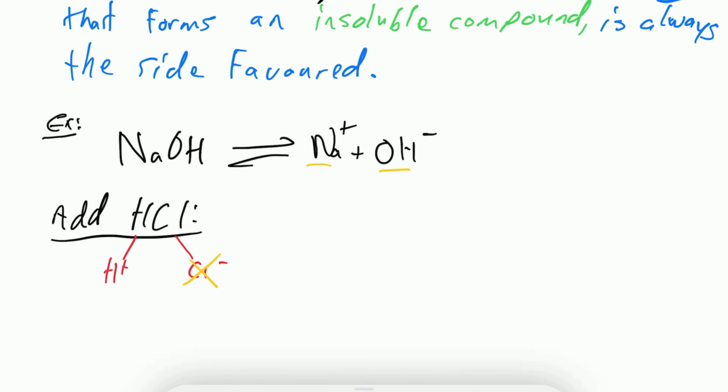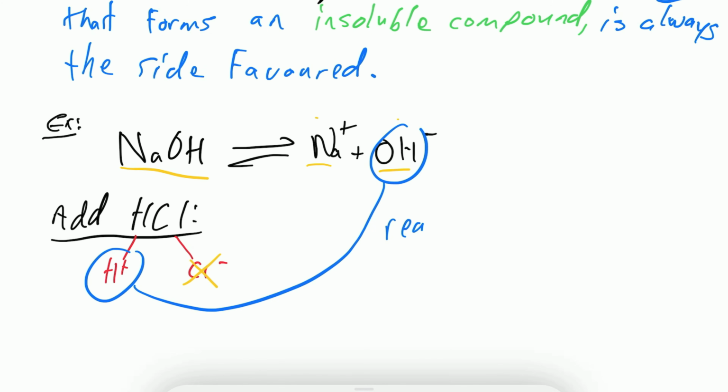Now, H plus is not going to form an insoluble compound with any of these entities. But remember from electrochemistry that H plus and OH minus react to form water, right? We always combine the two when we were balancing our half reactions. So they always react to form H2O.